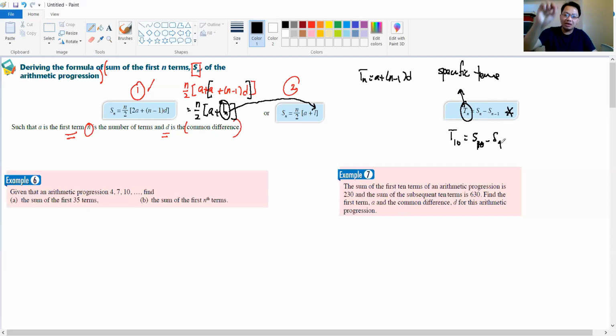That's what I call the term: the sum up to that term minus the sum of the previous terms. So if I want to find T99 using the sum formula, it becomes S99, the sum of 99 terms, minus the sum of 98 terms. So I can get the specific term 99. Paham, eh? Hopefully you can understand all these three formulas.